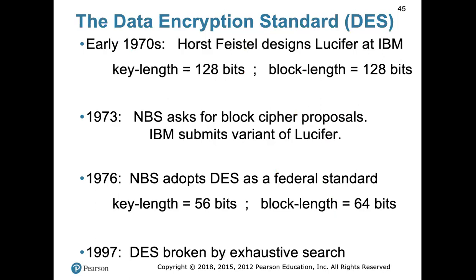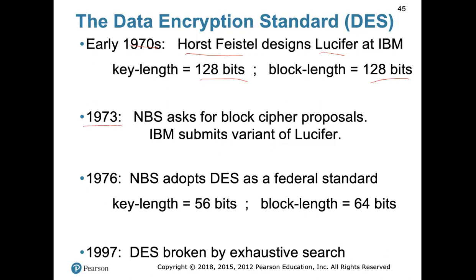Okay, we are going to go ahead and talk about the first encryption that we want to review in this lecture. It is called Data Encryption Standard, or DES. It was developed based on an algorithm designed by Horst Feistel. He designed the algorithm called Lucifer at IBM in the 70s, and the length of the key was 128, and the length of the block was 128.